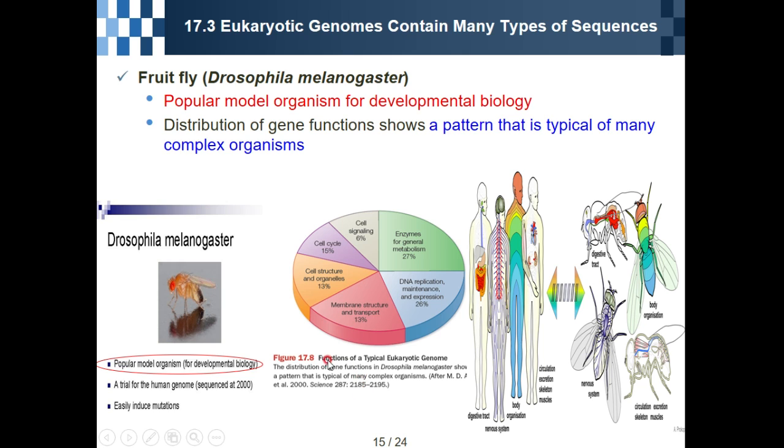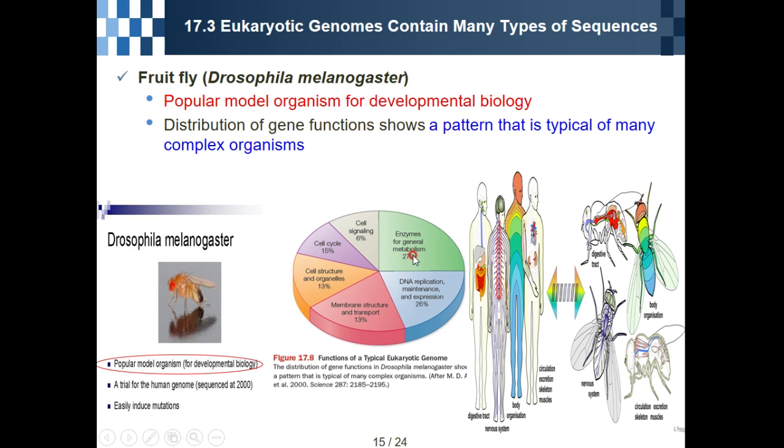This shows the function of a typical eukaryotic genome, especially the fruit fly. 26% belongs to DNA replication and maintenance, 13% belongs to membrane structure and transport, and 13% belongs to cell structure and organelles, like this.